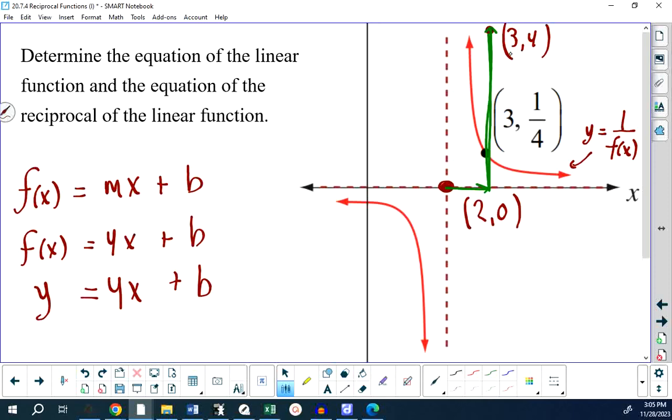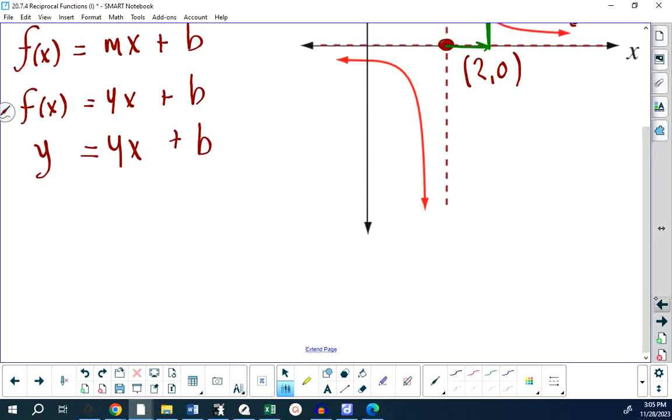And how do you find it? You put in an ordered pair. We can put in any point we know. Let's put in x equals 3 and y equals 4. So I'm going to get 4 equals 4 times 3 plus b. That's pretty easy to solve for b. It's -8, I believe.